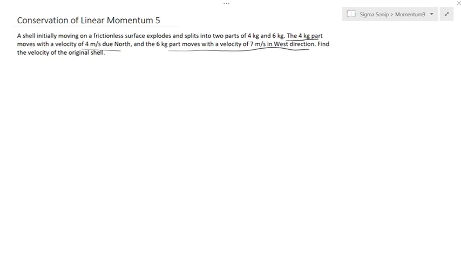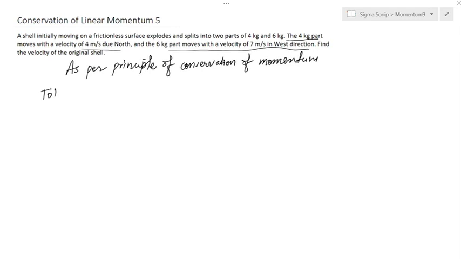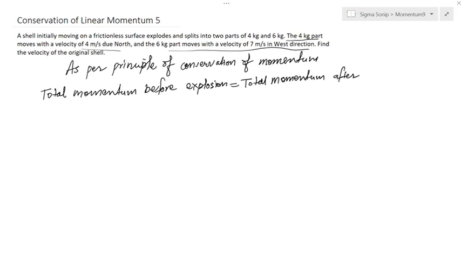So, as per the principle of conservation of momentum, total momentum before explosion is equal to total momentum after explosion.